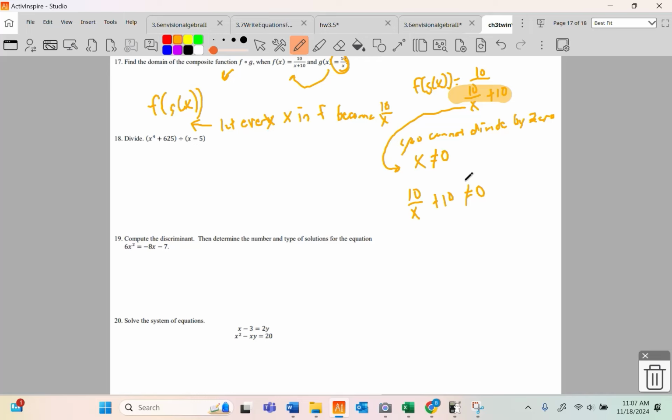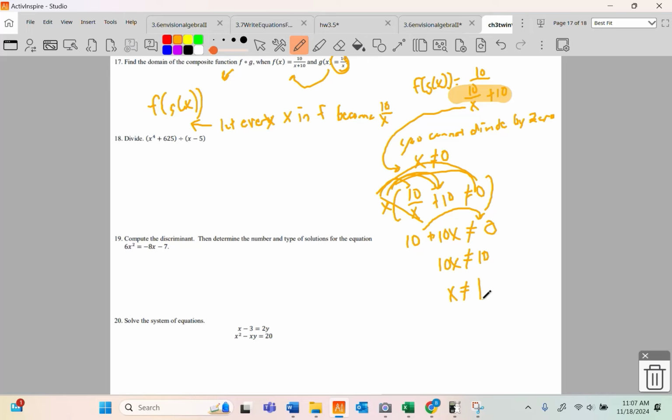And that's kind of a funny looking equation. What we're going to do is multiply everything by x. We're going to clear the fraction. Multiply that guy, that guy, that guy by x. The x's cancel. So we have 10 plus 10x is not x times 0, 0. Subtract 10. 10x is not 10. Additionally, x cannot be 1.